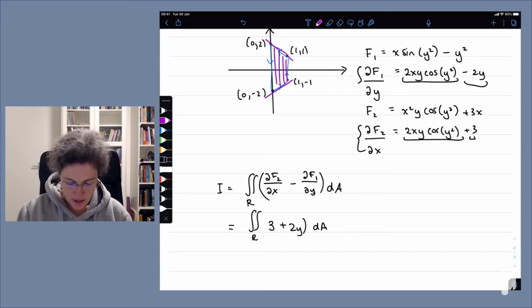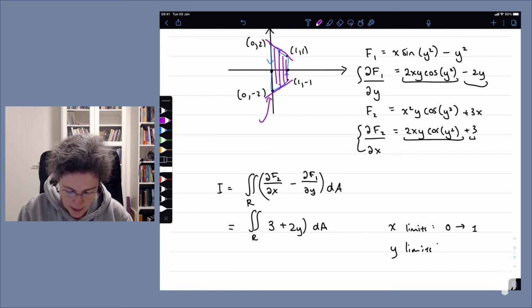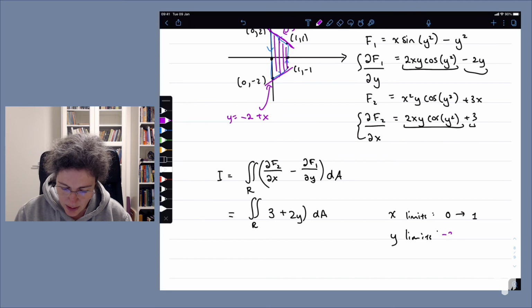Our x limits: x will go from 0 to 1, and our y limits, well, this line here is the line minus 2 plus x, and this line over here is the line 2 minus x. So our y is going to go from minus 2 plus x to 2 minus x.